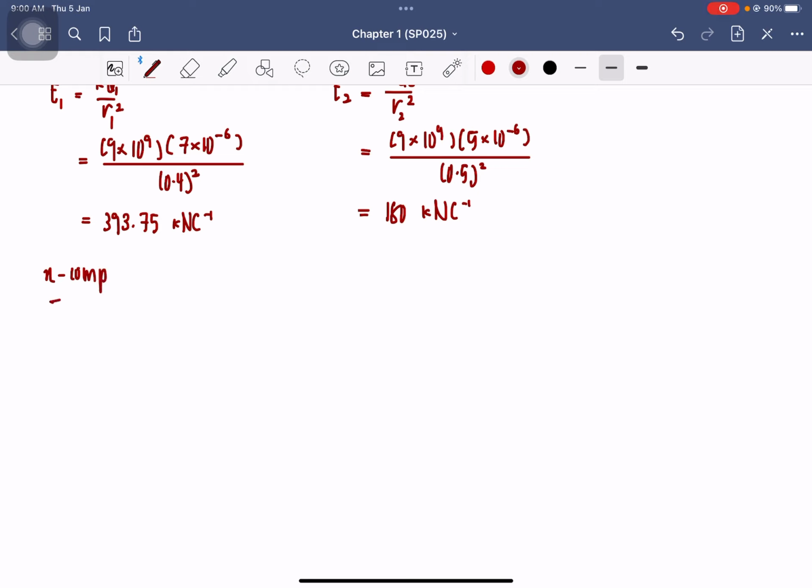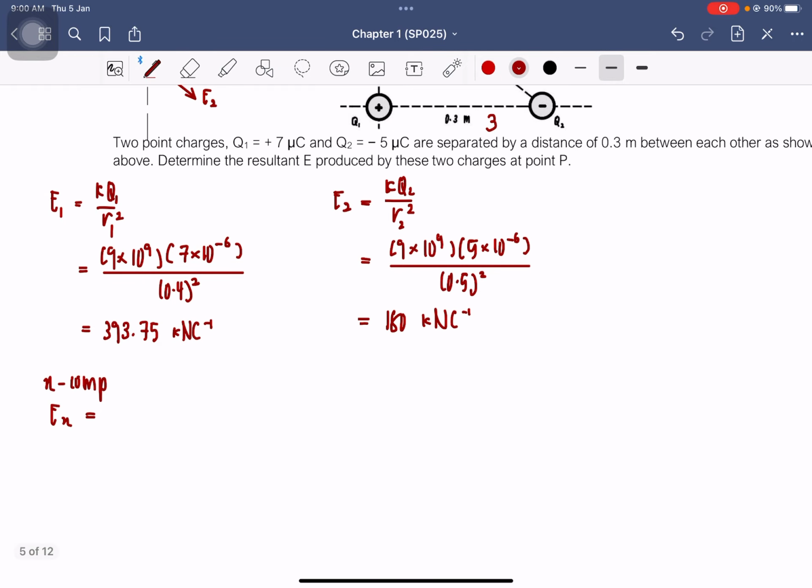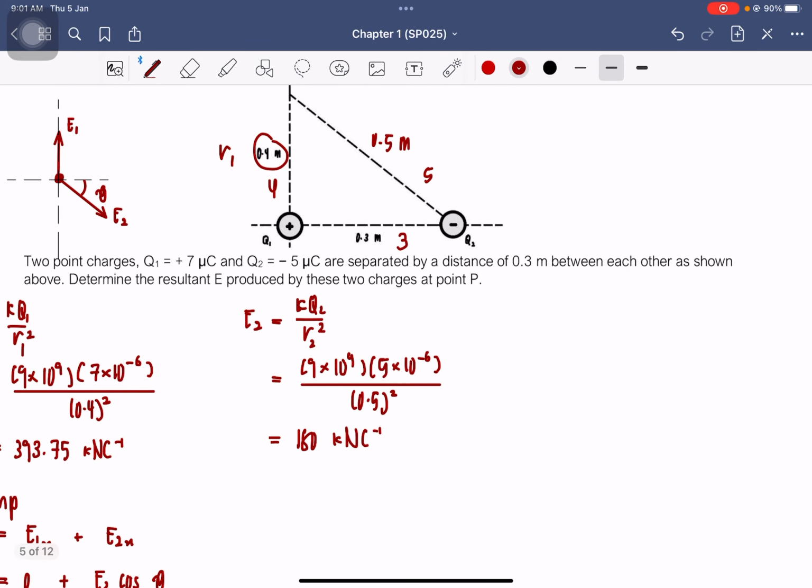So this is EX, which is equal to E2x only, because E1x is equal to 0. So this is 0 plus E2 cos theta. Oh, we forgot to calculate theta.